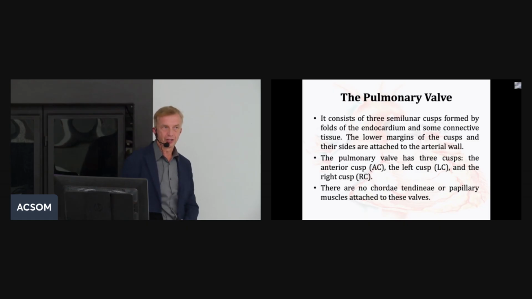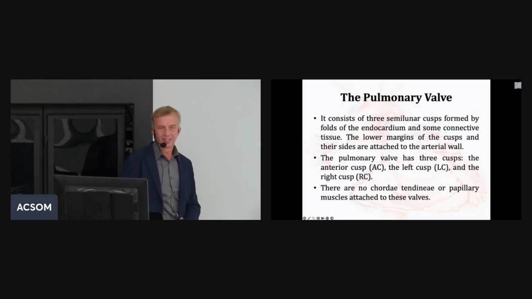It's a complicated surgery, but the surgeon basically removes the pulmonary valve and implants it instead of the aortic valve, and then uses a homograft to create a new pulmonary valve.